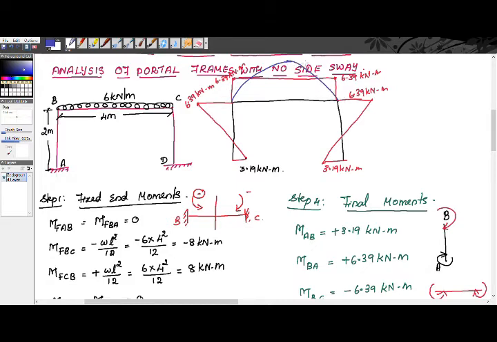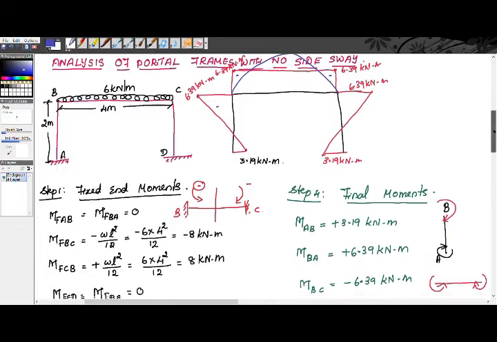It is a parabola and this is 12 kilonewton meter. So this is negative, negative, negative, so instead of negative and positive, I will say it as sagging and hogging.